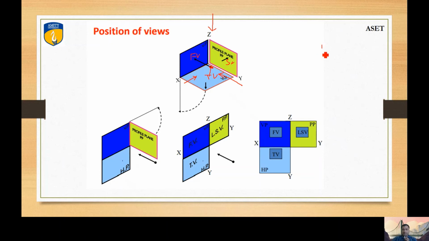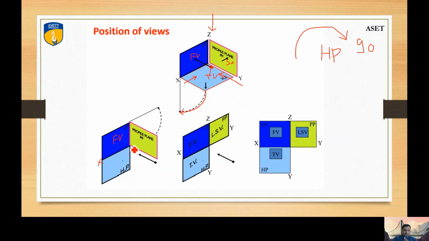Now, what is the rule? The rule is simple. HP is going to rotate. At what angle? That should be 90 degrees. We are going to convert these planes into a single sheet. See, the direction of HP rotation is like this, clockwise 90 degrees. So what is going to happen? You can see here, the front view is going to be located above XY.